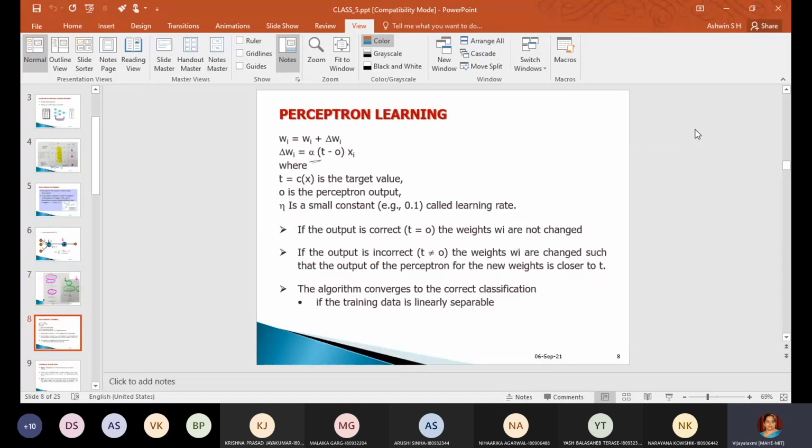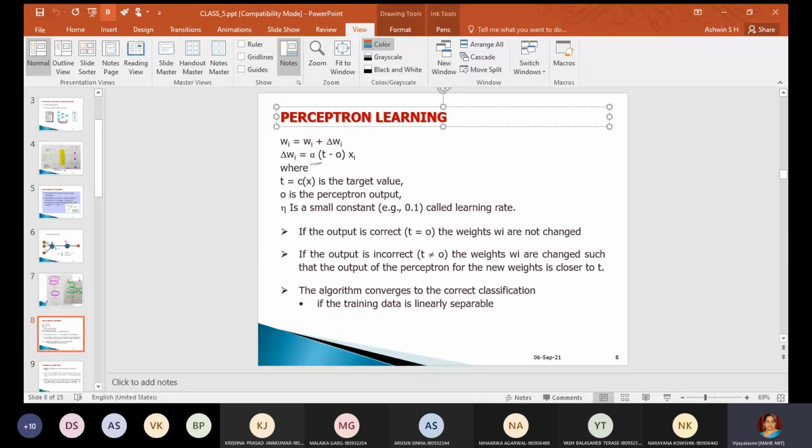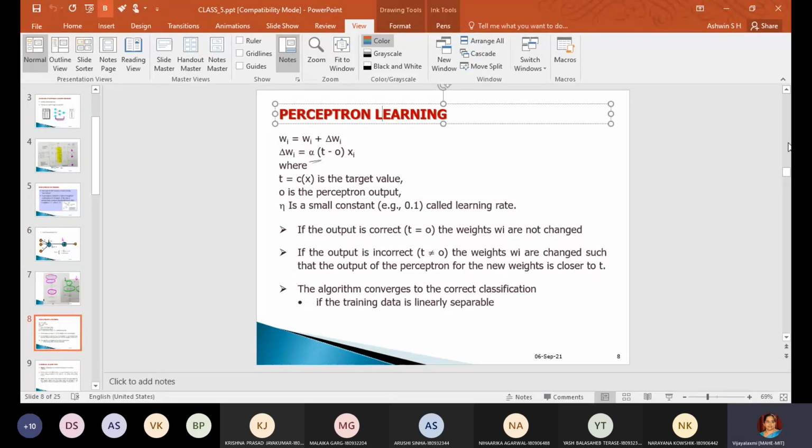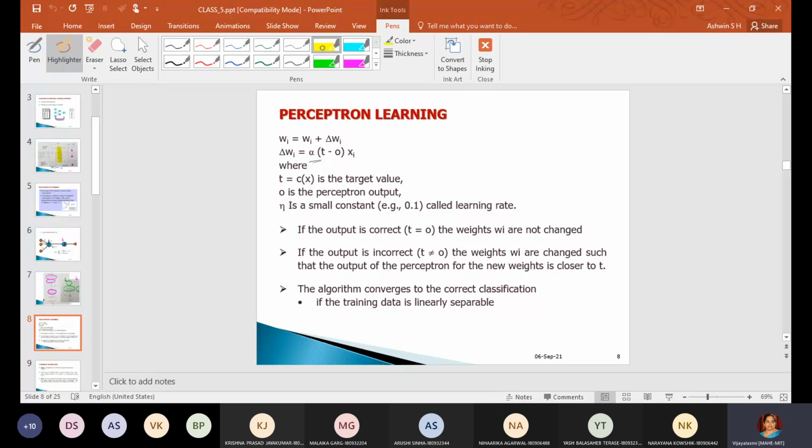Let me just tell you a few things about perceptron learning. Here we are updating the weights. So Wi new is equal to Wi old plus delta Wi.